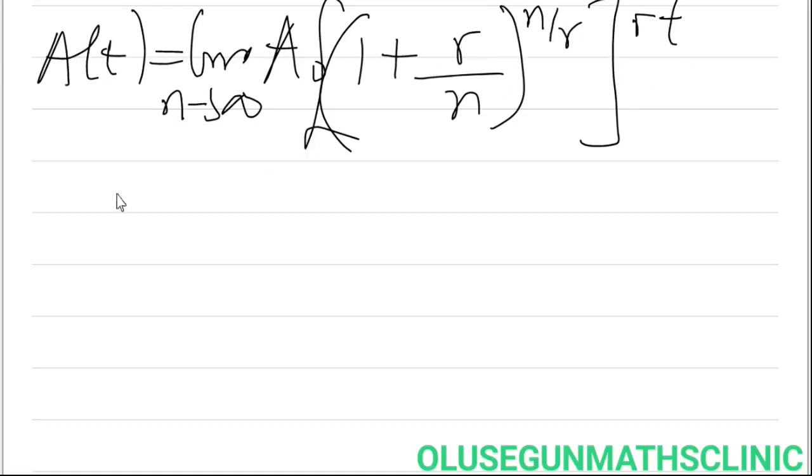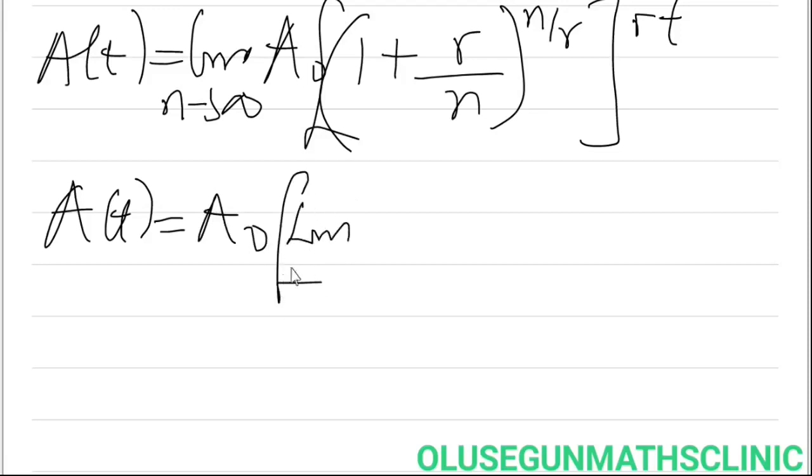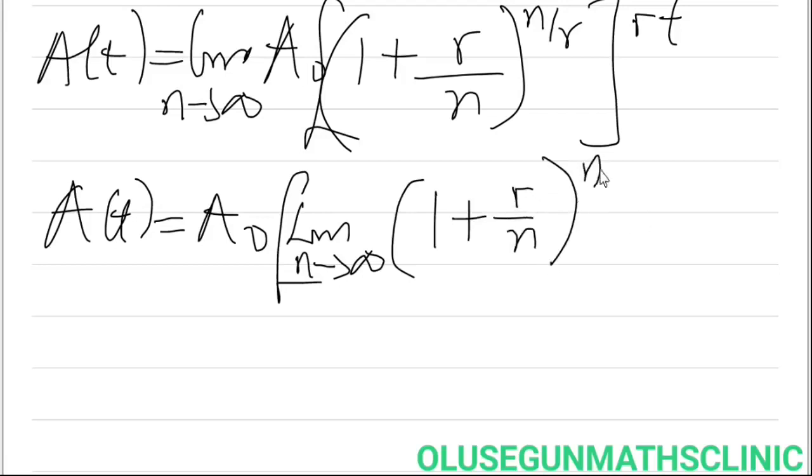Now, what I want to do is that A of t will now be A naught, the limit as n tends to infinity, of bracket open 1 plus R over n to the power n divided by R, bracket close, to the power RT.